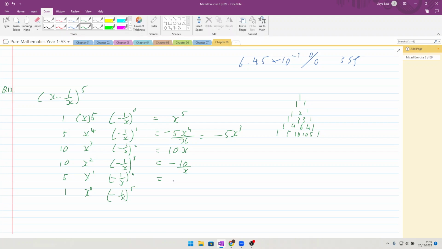Positive on this one, 5 over x cubed. Would this one not be x squared? No. Okay, and then this being 1, 1, 1, so minus 1 over x to the 5.